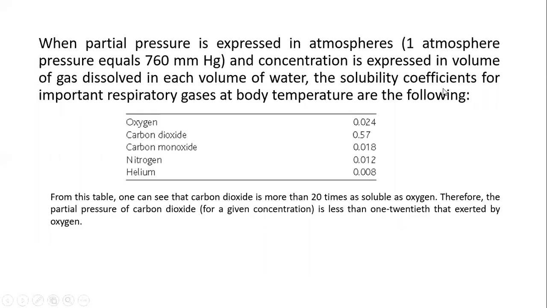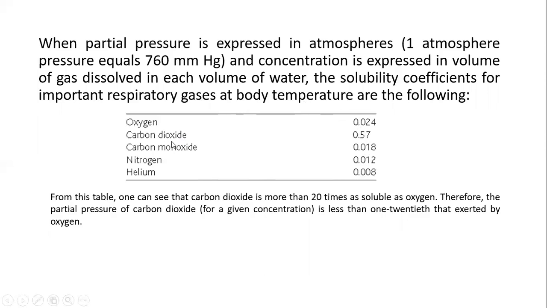The solubility coefficients for important respiratory gases at body temperature are the following. Here we see oxygen 0.024 and carbon dioxide 0.57, while carbon monoxide is 0.018, nitrogen 0.012 and helium 0.008. Here is a comparison between oxygen and carbon dioxide, which are the most important respiratory gases for the lung.